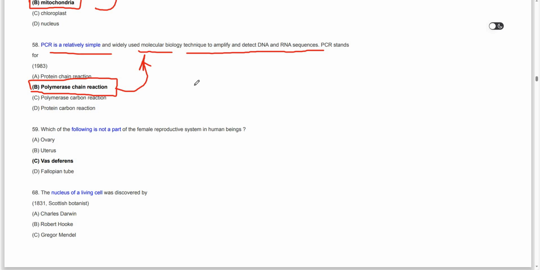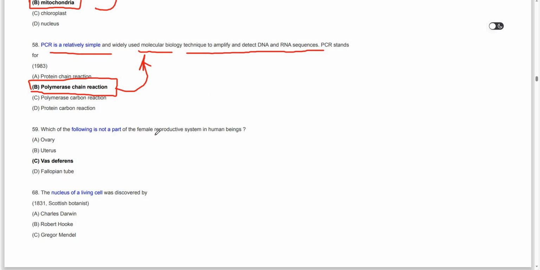So basically DNA and RNA sequences can be identified by PCR. It is a biological technique that amplifies and detects DNA and RNA sequences.